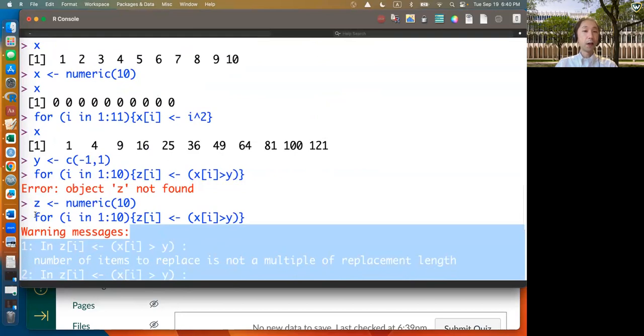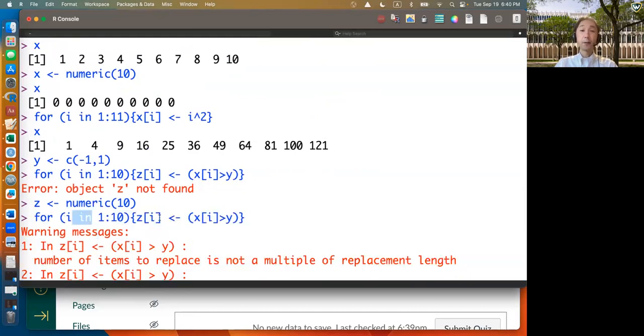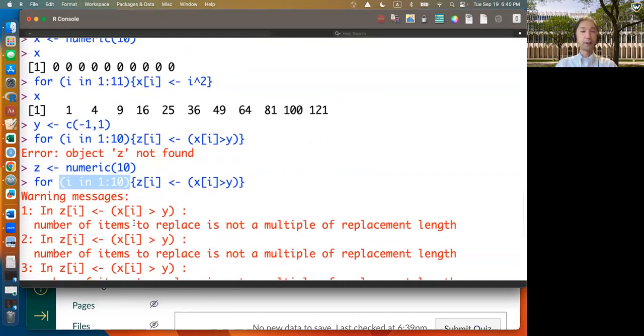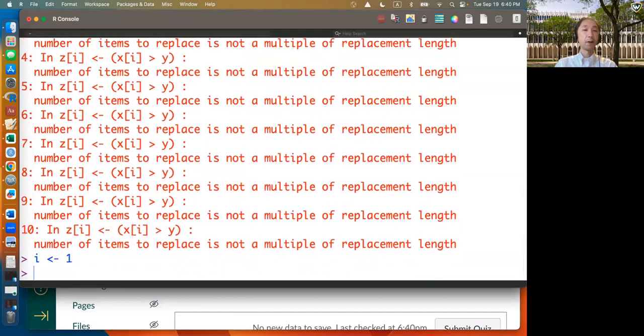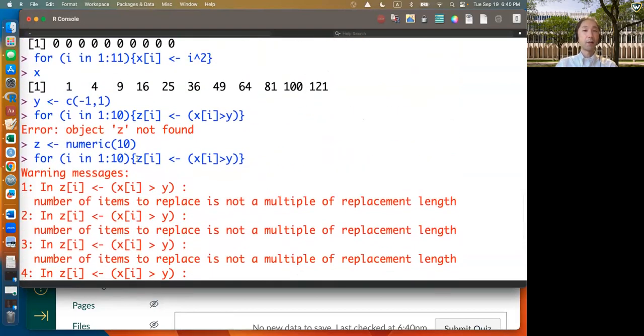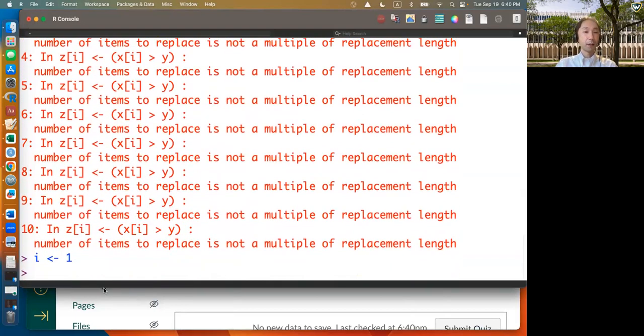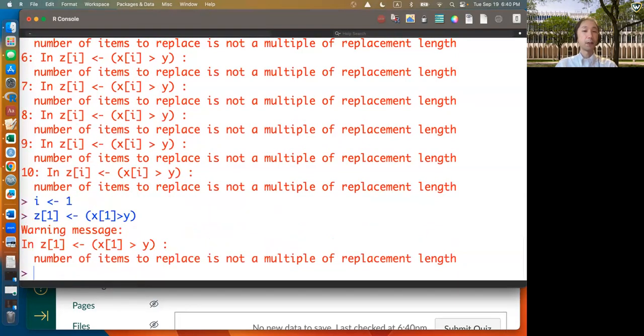So okay, if we have a for loop, i is equal to 1 to 10, this is a kind of abstract code because we are using a for loop. The more concrete example is, okay, i is equal to 1. Then what happens when we try to define that z of 1 is equal to this one? We still have a warning message.